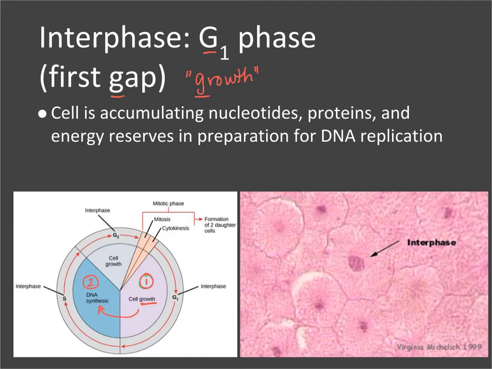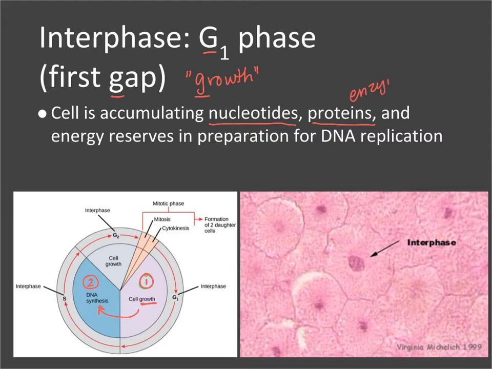So during this first gap phase, the cell has to get nucleotides because in order to make DNA, remember, you take the original double strand of DNA, you pull it apart, and then you add new nucleotides to the existing strands in order to make the new strands of DNA. So you have to have new nucleotides in order to make new DNA. It's accumulating and making proteins, for example, enzymes.